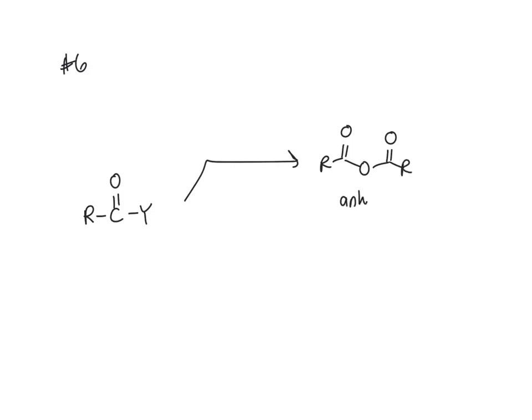Complete the following scheme by providing the nucleophile needed to accomplish each reaction. Draw the nucleophile above the arrow. So here we have our Y leaving group, and here we're going to make an anhydride, and I call that an acid anhydride.